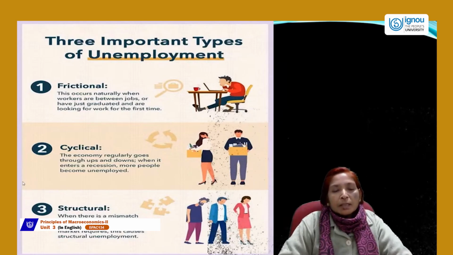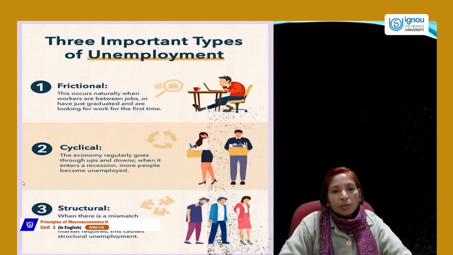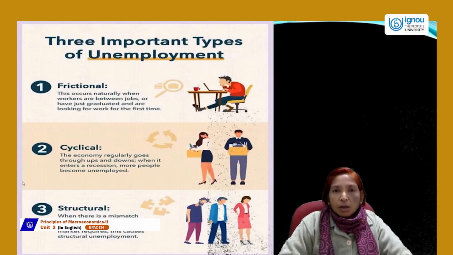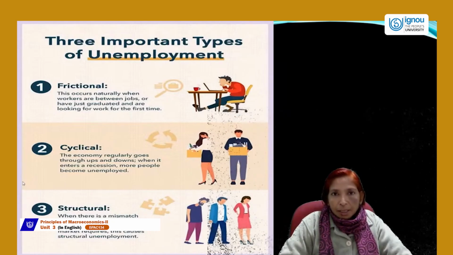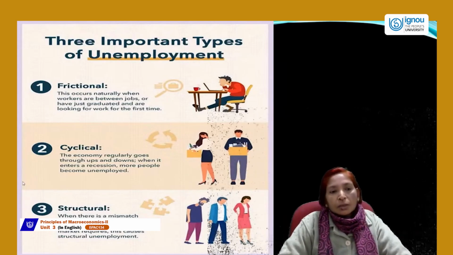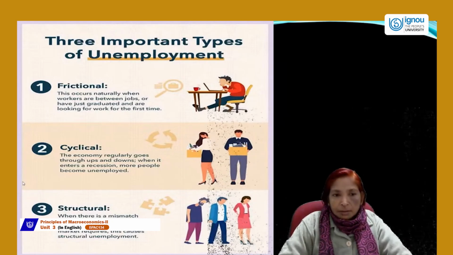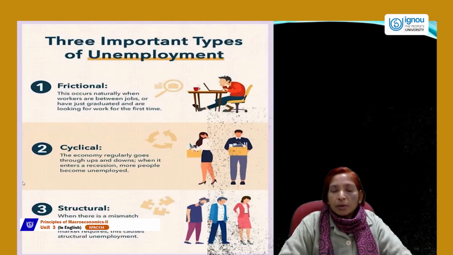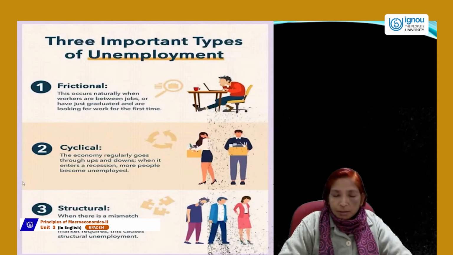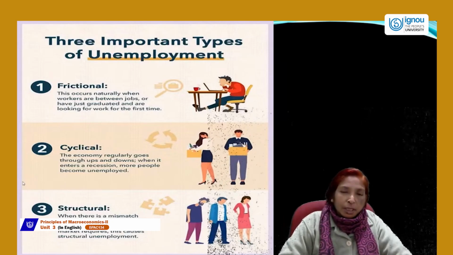Cyclical unemployment is a regular unemployment. The economy regularly goes through ups and downs, because economy is dynamic, not a static situation. When it enters recession, more people become unemployed. And when it enters a boom situation, then more people will get job opportunities.